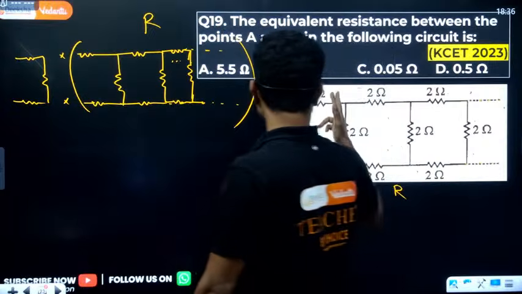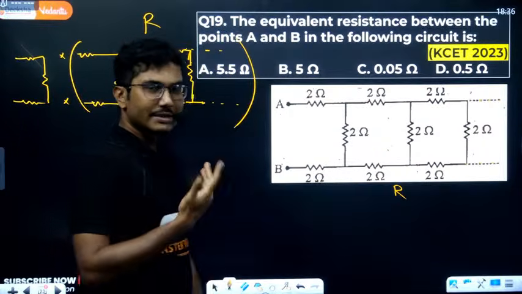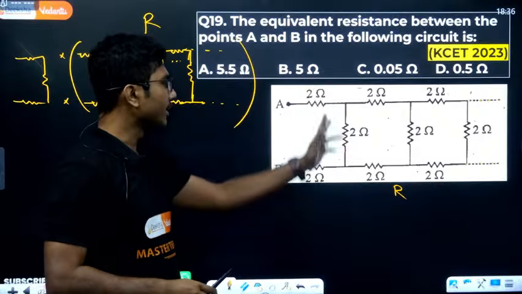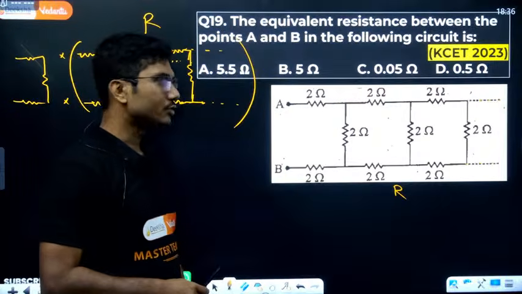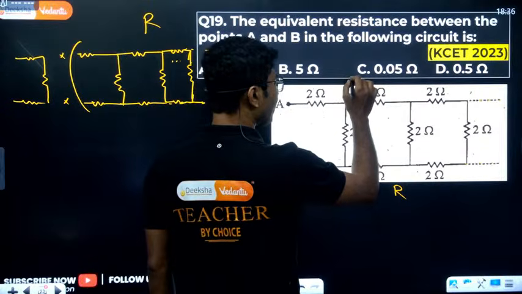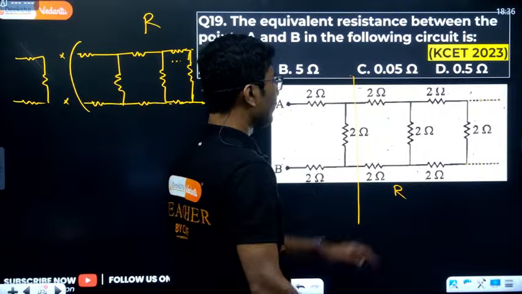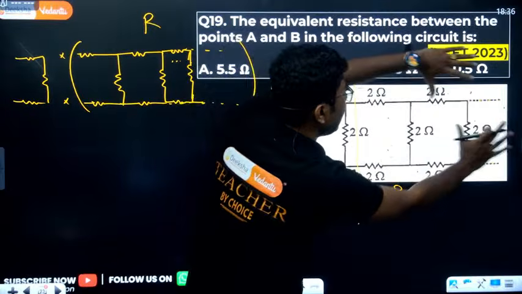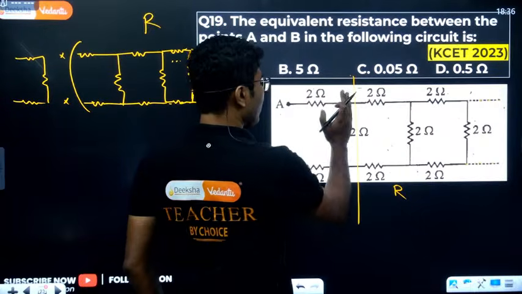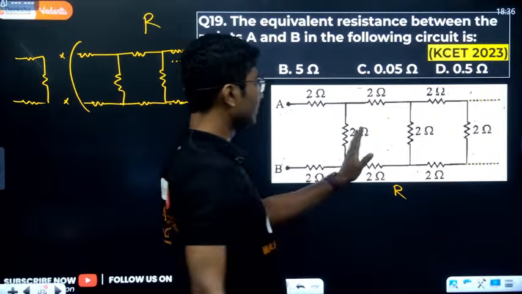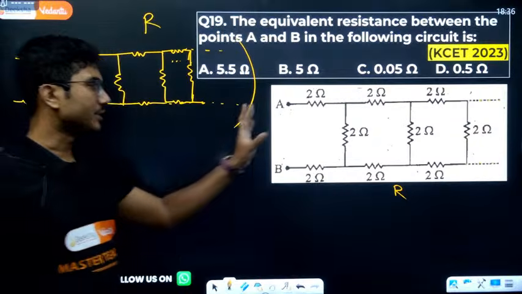If you just cut one resistor out of it, the design does not look the same. Even if you cut two resistors out of it, the circuit does not look the same. So you have to find the symmetric point where if you cut it, for example, this is the pattern that is repeating at each and every point. So even if you remove one such junction, the overall resistance of the circuit does not change.